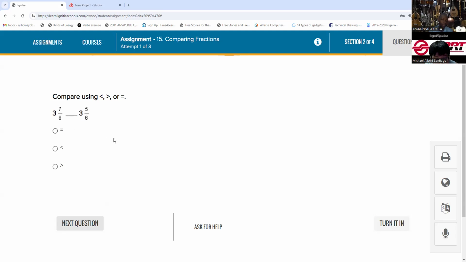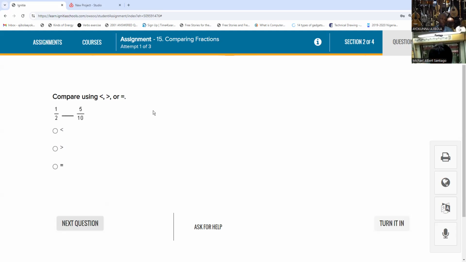You might be right. You might be wrong, but let's check it. So 8 and 6, the LCM again is 24. 8 in 24 is 3. 3 times 7 is 21 for that one. And 6 in 24 is 4. 4 times 5 is 20. So 21 is greater than 20. So you're right.